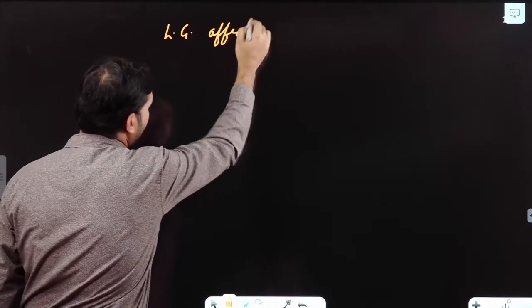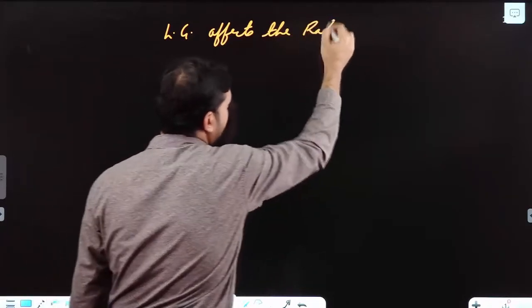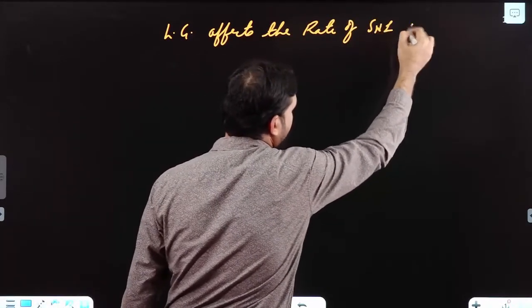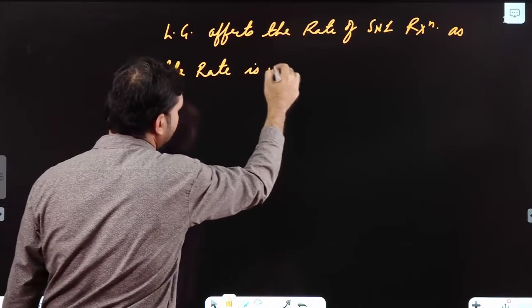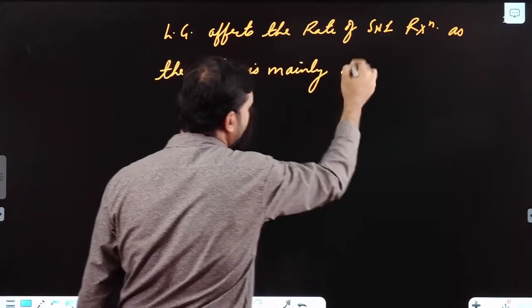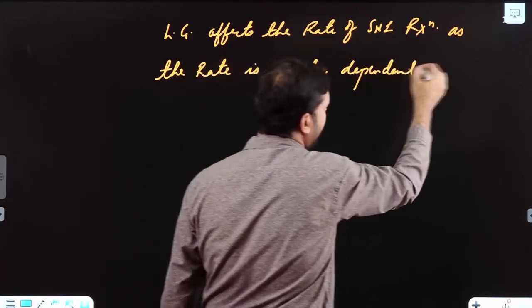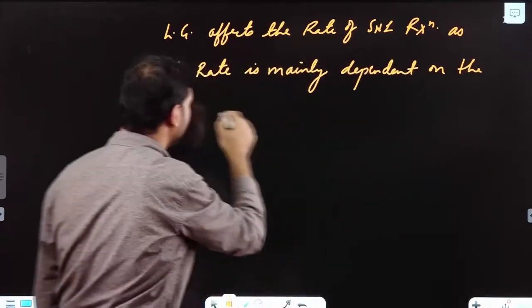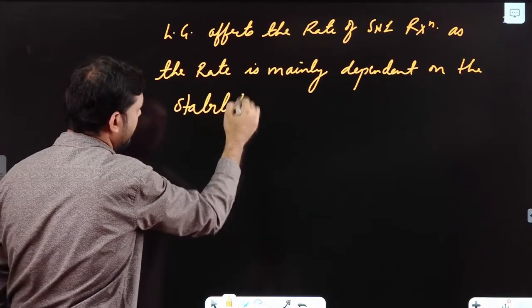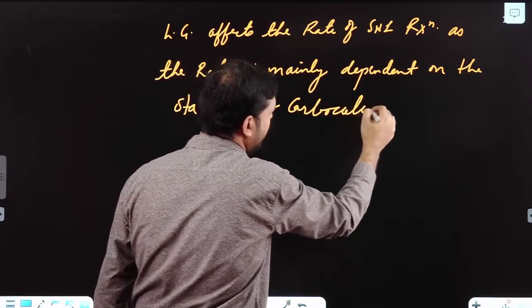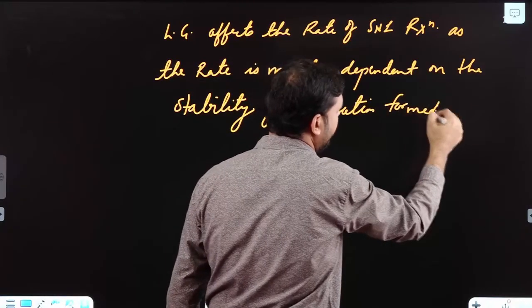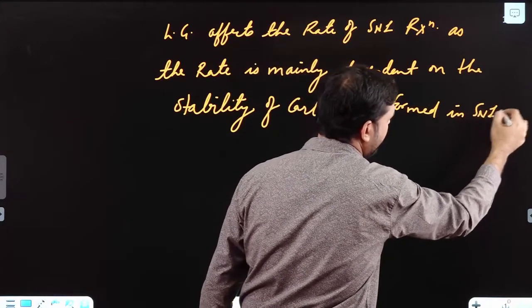Now, leaving group affects the rate of SN1 reaction, as the rate is mainly dependent on the stability of carbocation formed in SN1 reaction.